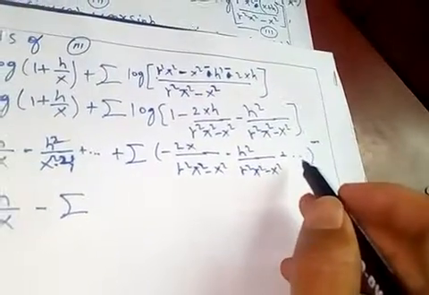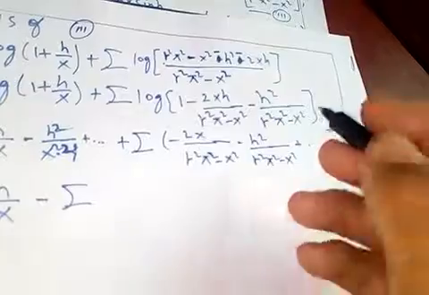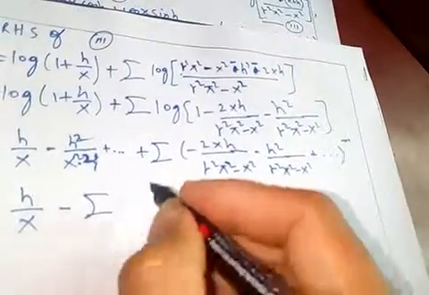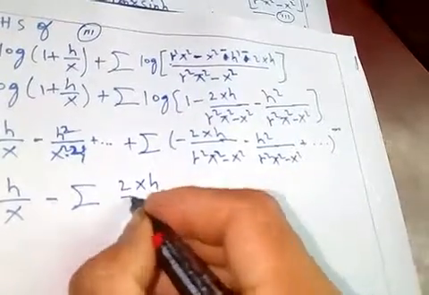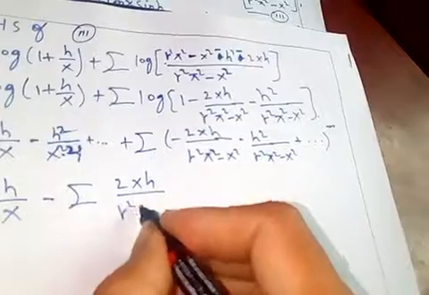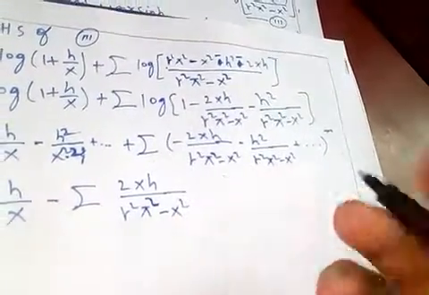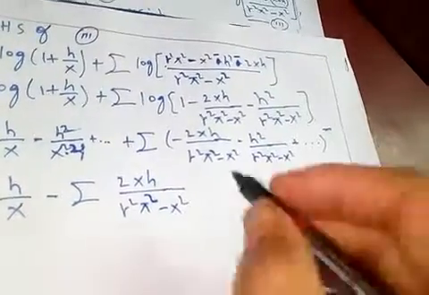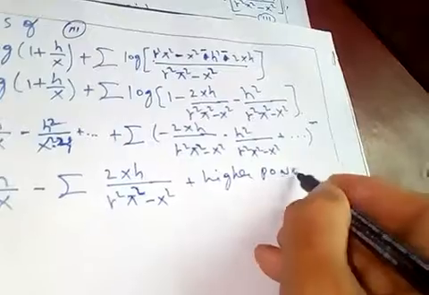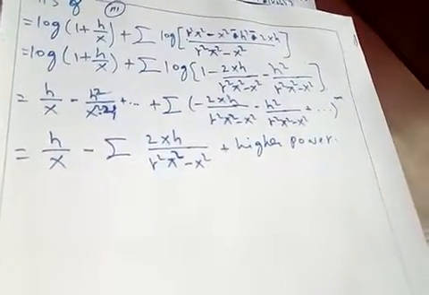And here is h, 2x h over r square pi square minus x square, where the minus comes from here, plus higher power.